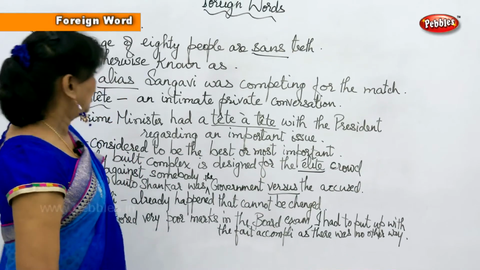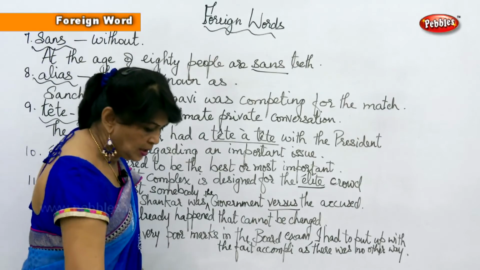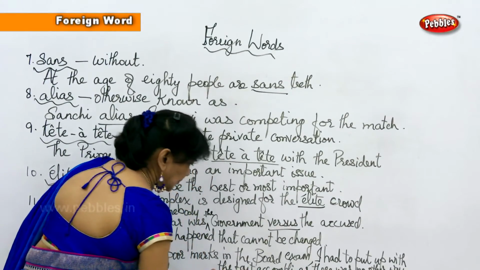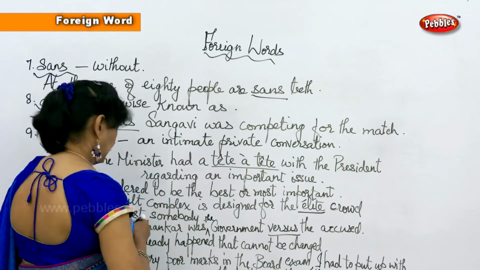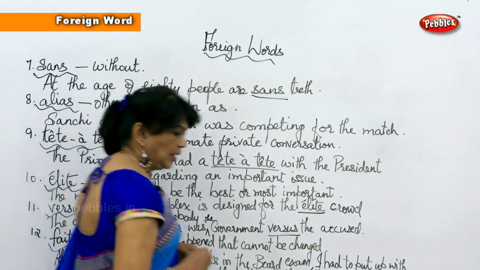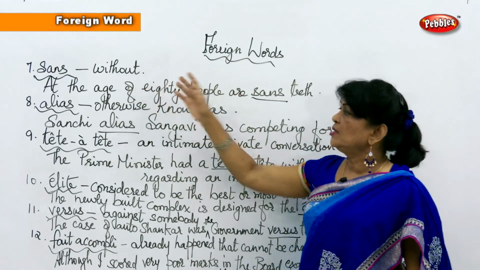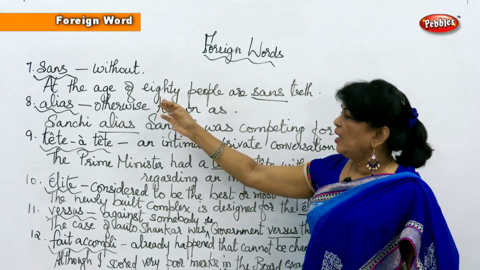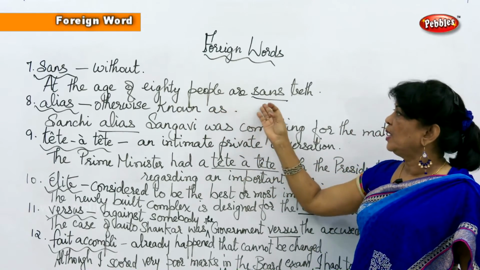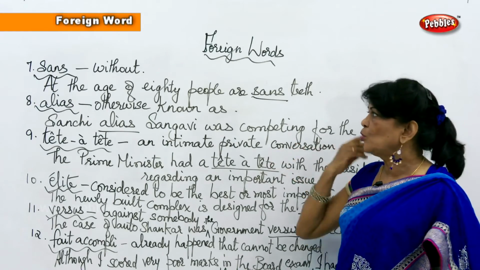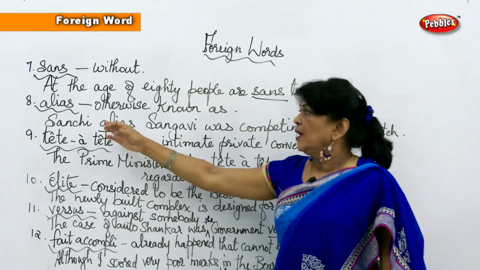Okay. Now we are going to see how to pronounce these words and how to use them. Okay. Sans means without. At the age of 80, people are sans teeth. People lose all their teeth.